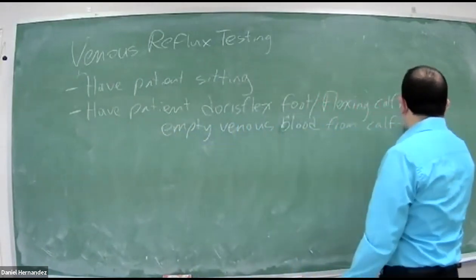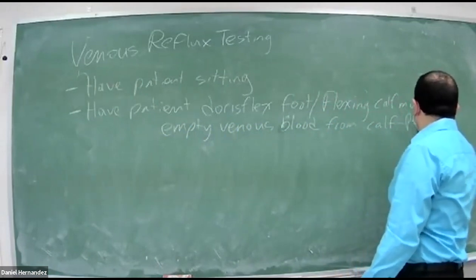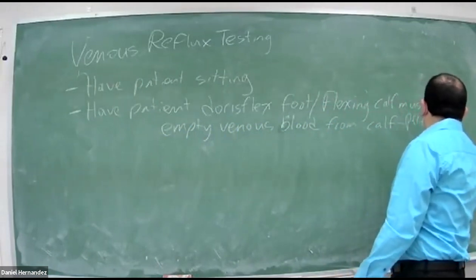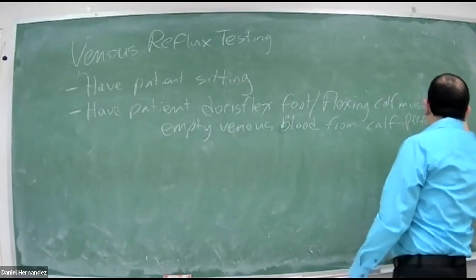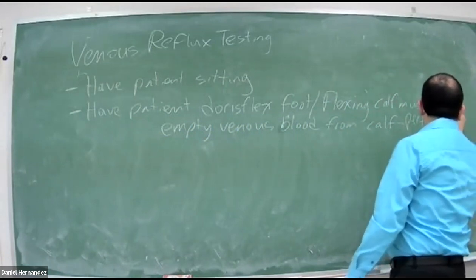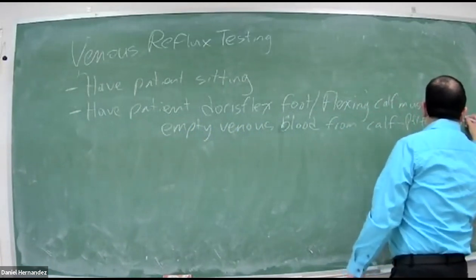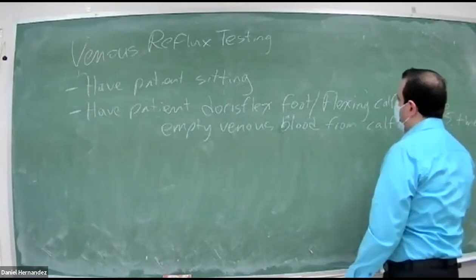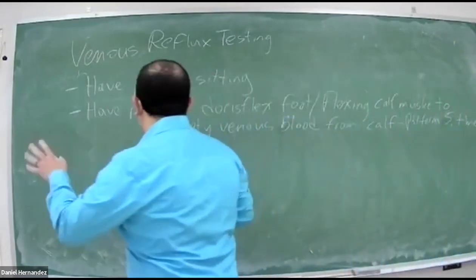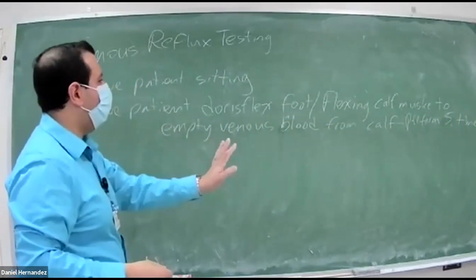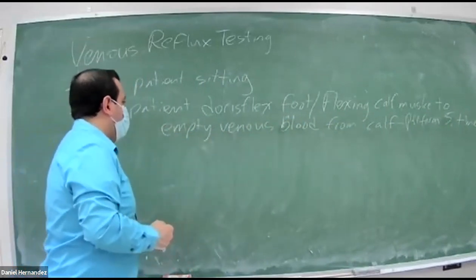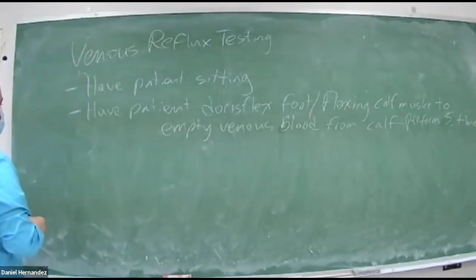So you're going to do this about 5 times. So you have them flex their foot, or flex their calf muscle 5 times, empty out the blood from the calf.